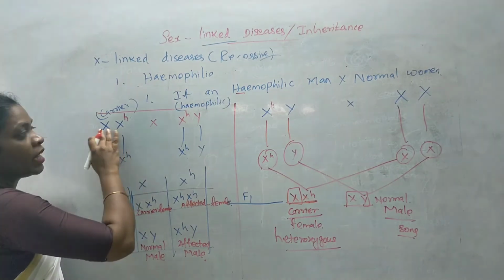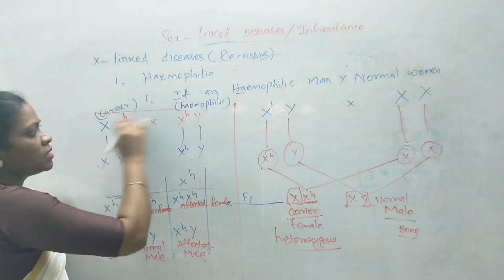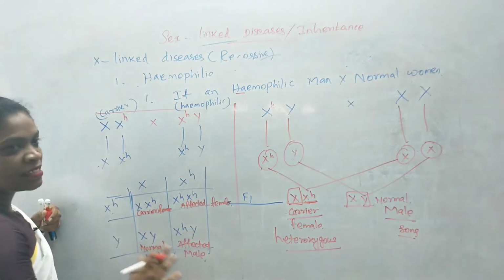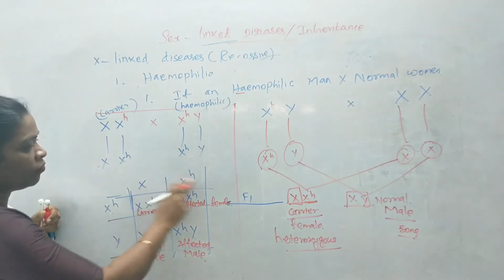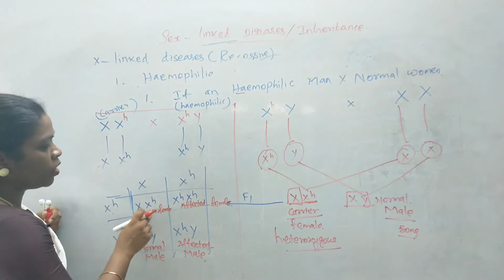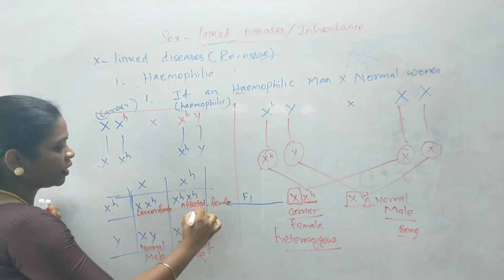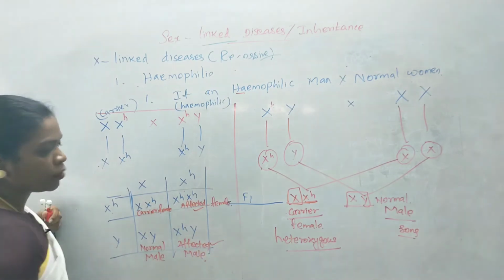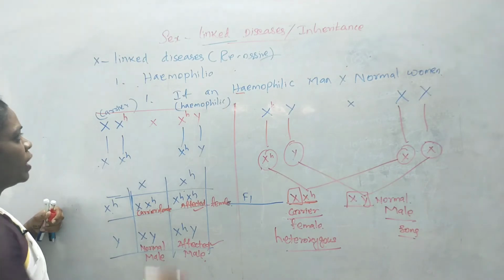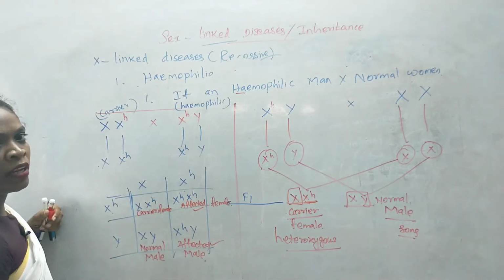So this is what will happen when a carrier female of this particular disease marries a hemophilic man. The daughters and sons will be obtaining four different types of offspring: a normal male, a carrier female, one affected female and one affected male. There is a 50-50 chance of producing these types of individuals when a carrier woman marries a hemophilic man.